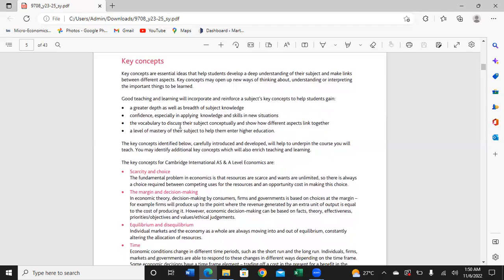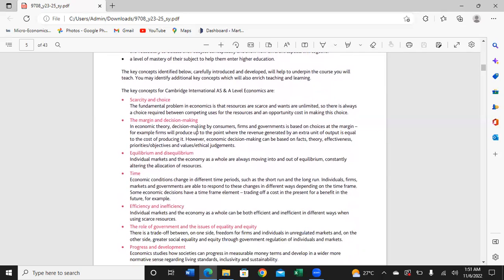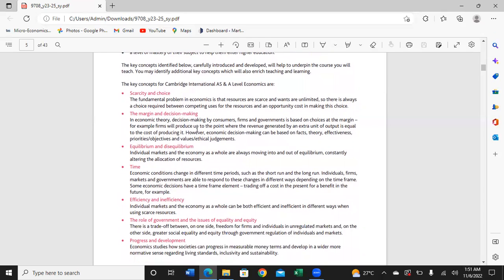Confidence, especially in applying knowledge and skills in new situations. The vocabulary to discuss their subject conceptually and show how different aspects link together. A level of mastery of their subject to help them enter higher education. So these are the concepts for Cambridge International AS and A level exams.